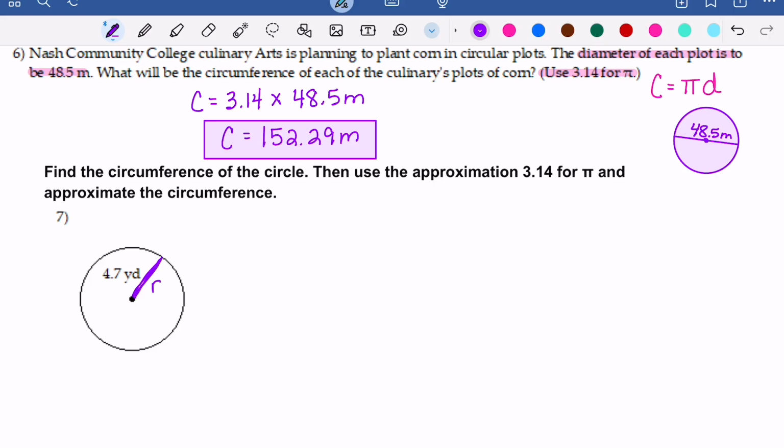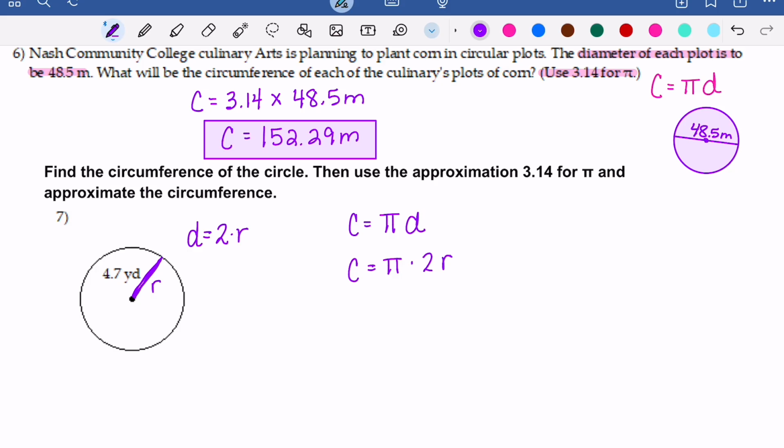And so when you're looking at the circumference, the radius is half of the diameter. So the diameter is equal to 2 times the radius. Okay, so we could think of the circumference as being pi times diameter, but we could also think of it as being pi times 2 radius.